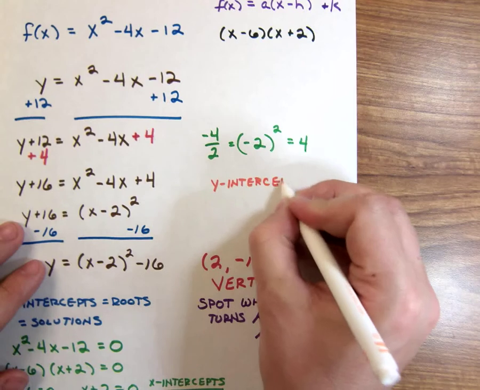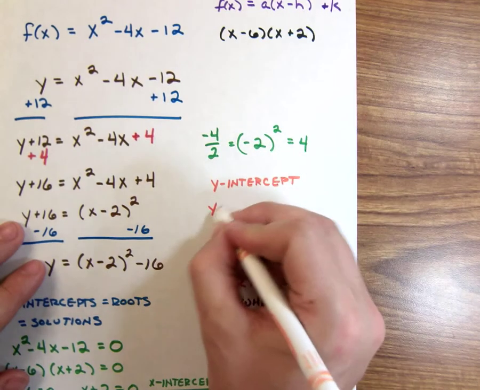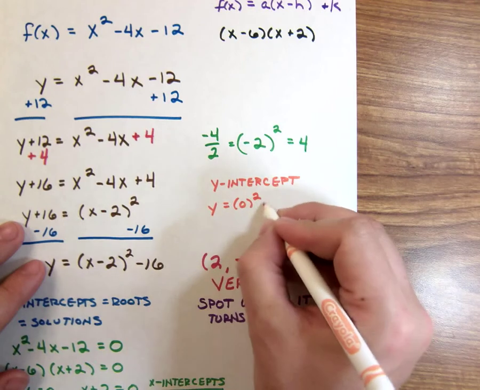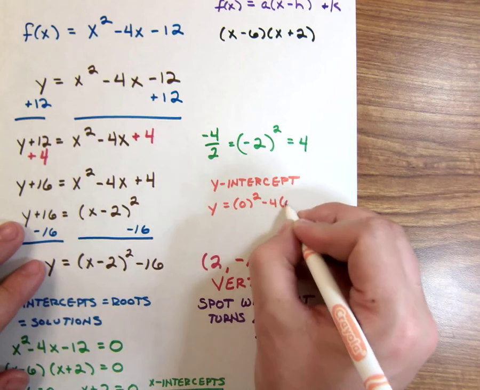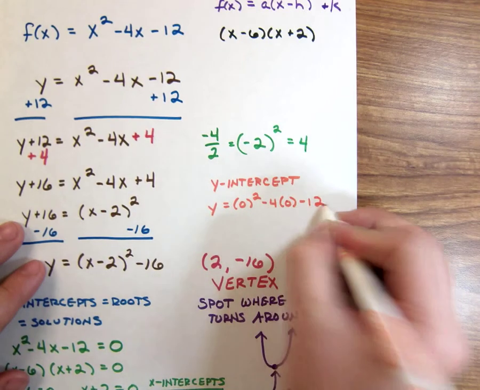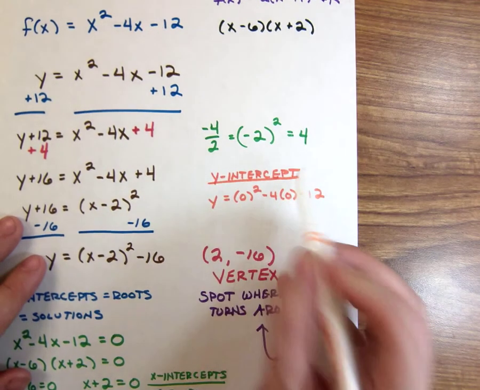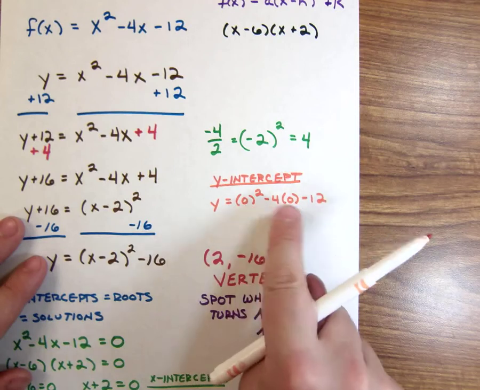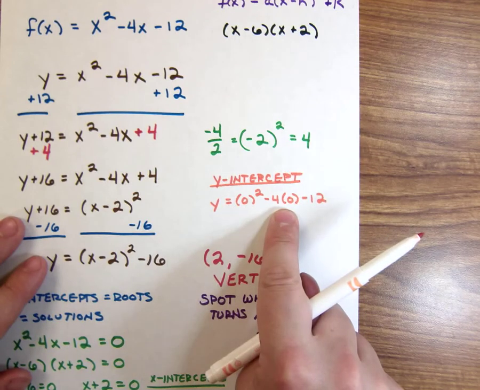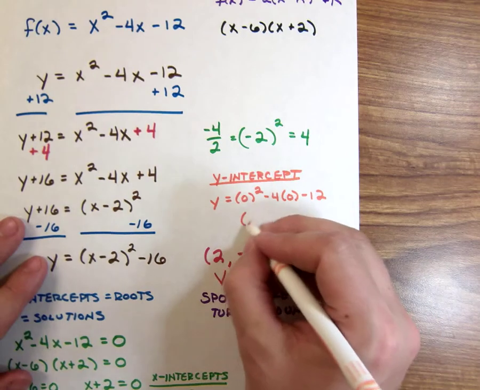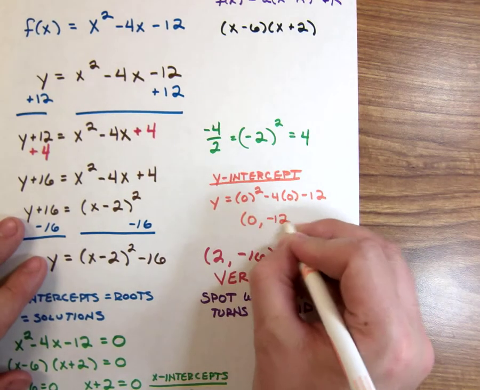So I'm going to take the original equation and replace the x's with 0. Zero squared is 0. 0 times negative 4 is 0. 0 minus 0 minus 12 is negative 12. So y-intercept is 0, negative 12.